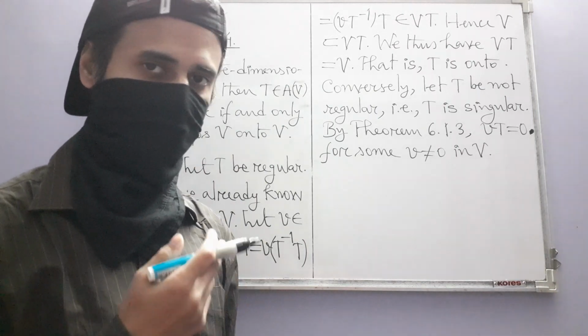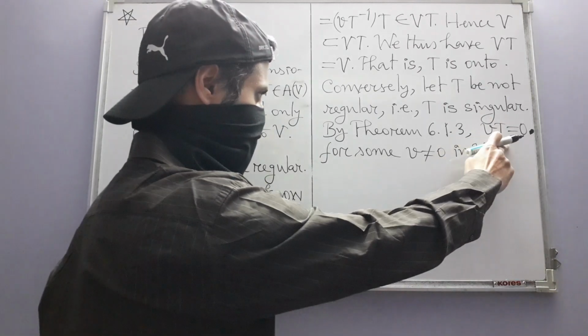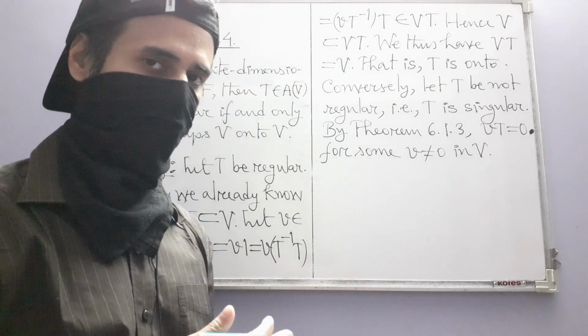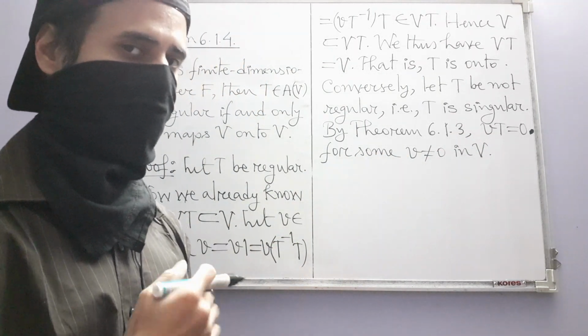There is nothing surprising about that. But if T is singular, then there is at least one non-zero vector which is also mapped by T onto the zero vector.